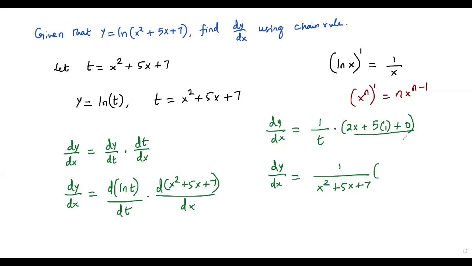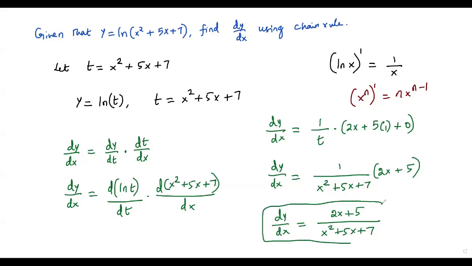When I simplify, 2x + 5 times 1 is just 2x + 5, and we can ignore the 0. So when I multiply the 1 and the 2x + 5, I get dy/dx equals (2x + 5) over (x² + 5x + 7). Okay, I got the derivative of the given function: 2x + 5 over x² + 5x + 7.